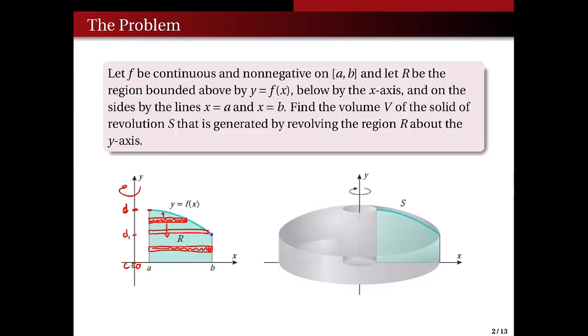This d sub 1 is just your f of b. There's a difference if the graph of the function here is not really nice. But the main point here is you will have to do a lot of work if you are going to use your method of washers.